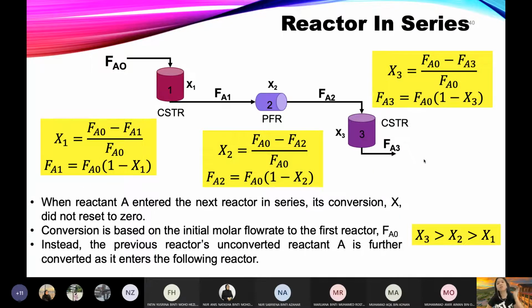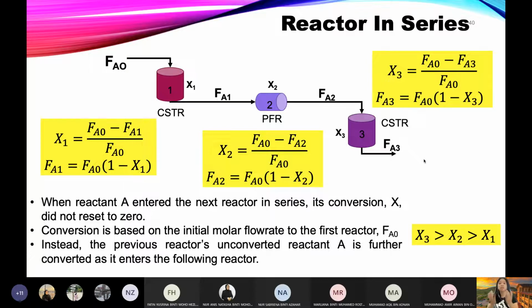Okay, so remember, conversion refers to your raw material. We always desire the highest conversion possible, which is 100%. 100% conversion means all your raw material, your reactant, is converted into product. But rarely is it possible to achieve that high conversion in one reactor.